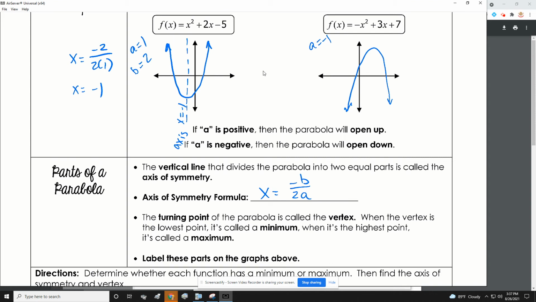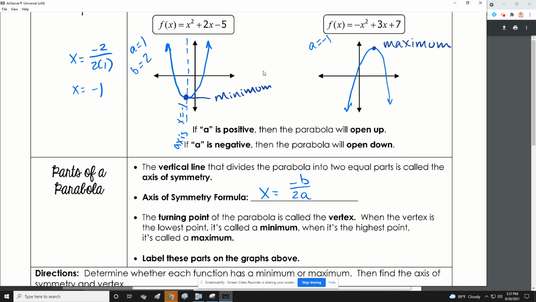All right, and then the turning point of a parabola is called the vertex, and we talked about that yesterday. The vertex is the lowest point. When it is, it's called a minimum, and when the vertex is the highest point, it would be called a maximum. So in this case, the vertex is a minimum. And in this case, the vertex is a maximum.